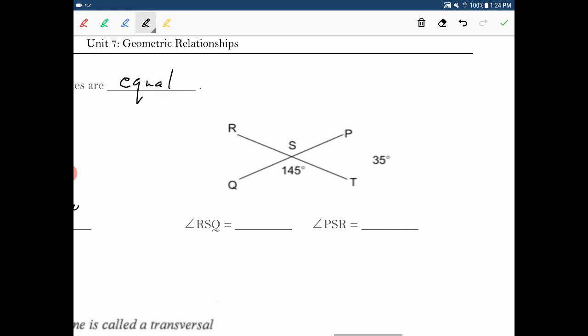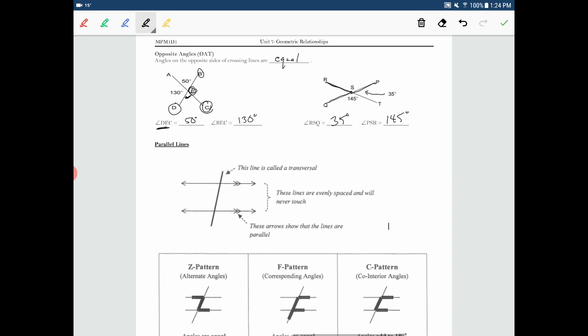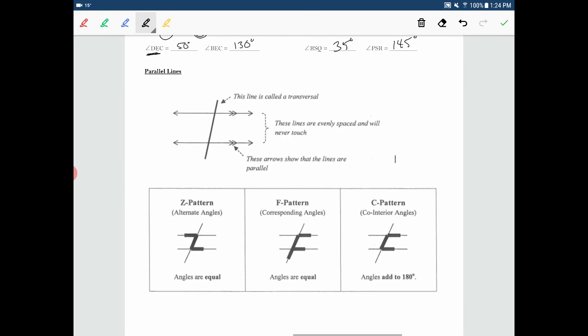All right, not too challenging, although hopefully your diagram is better than this one. That 35 degrees is supposed to be right there, which means RSQ, R to S to Q, is also going to be 35 degrees. And then P to S to R is going to be 145 degrees. All right, so there's no actual calculation on those ones, which is kind of nice.